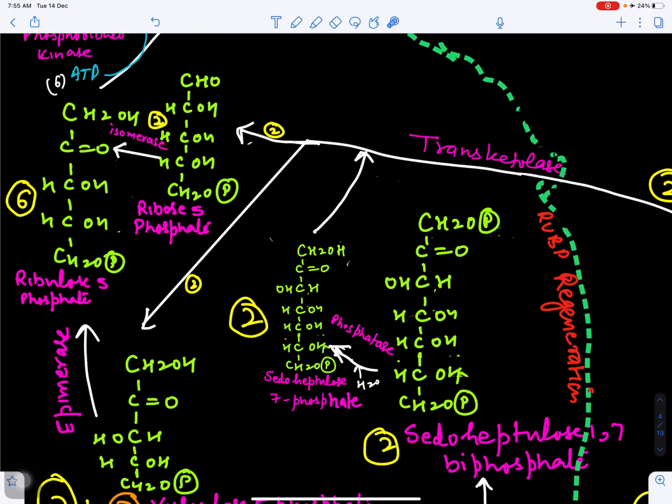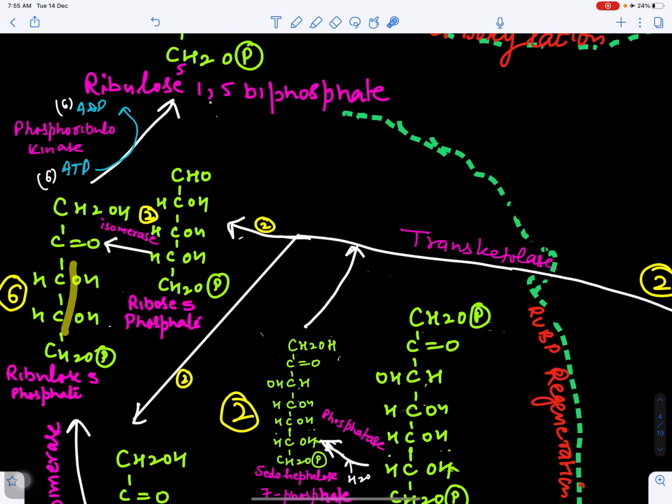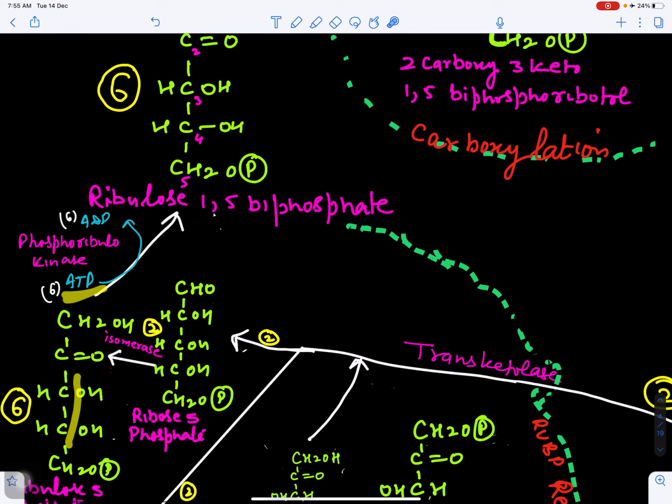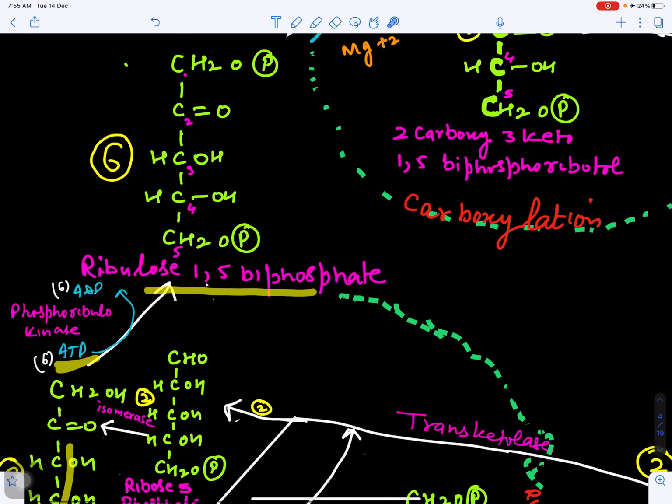So 6 molecules of ribulose 5-phosphate will be produced. Now this has been regenerated. So this is called regeneration of ribulose 5-phosphate. So ultimately this will get phosphorus from the ATP, and this will again get converted to ribulose 1,5 bisphosphate. So in this way the cycle is completed and there is formation of the sugars.